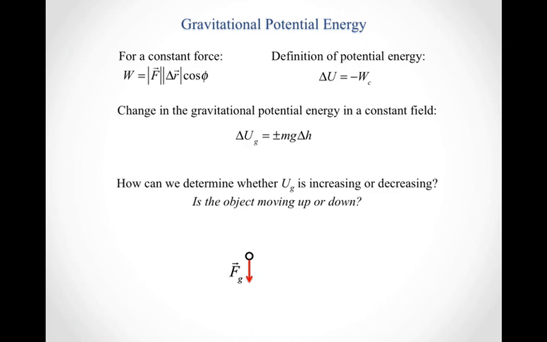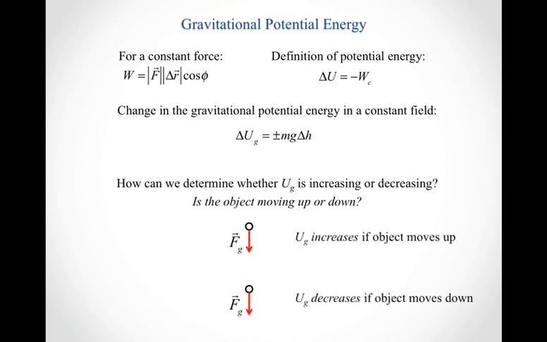If we had an object sitting in the Earth's gravitational field, the gravitational force is going to point downwards on that object, but if I let the object move up or down, then the gravitational potential energy increased if the object moved up, and I needed my plus sign, and it decreased when the object moved down, and I needed the minus. Now the gravitational force, of course, always pointed down.